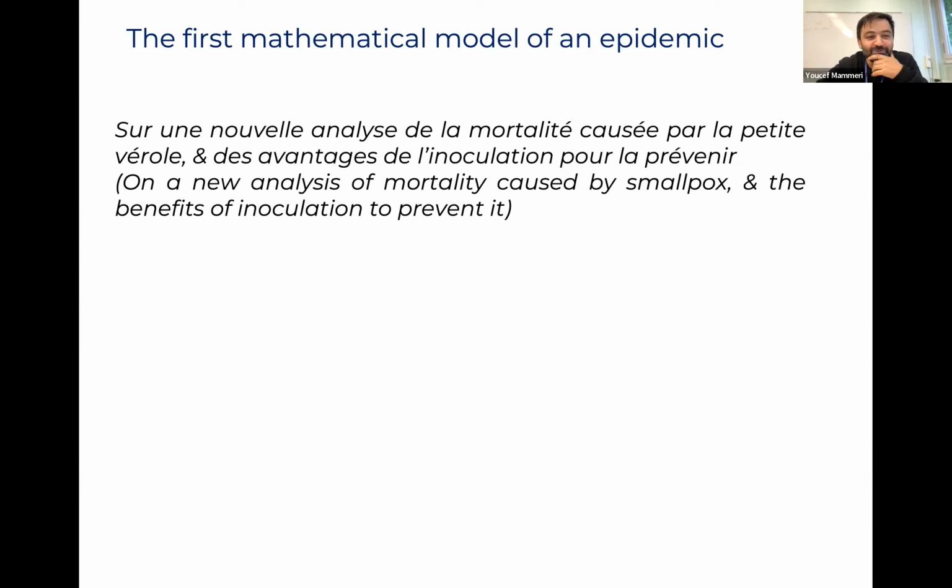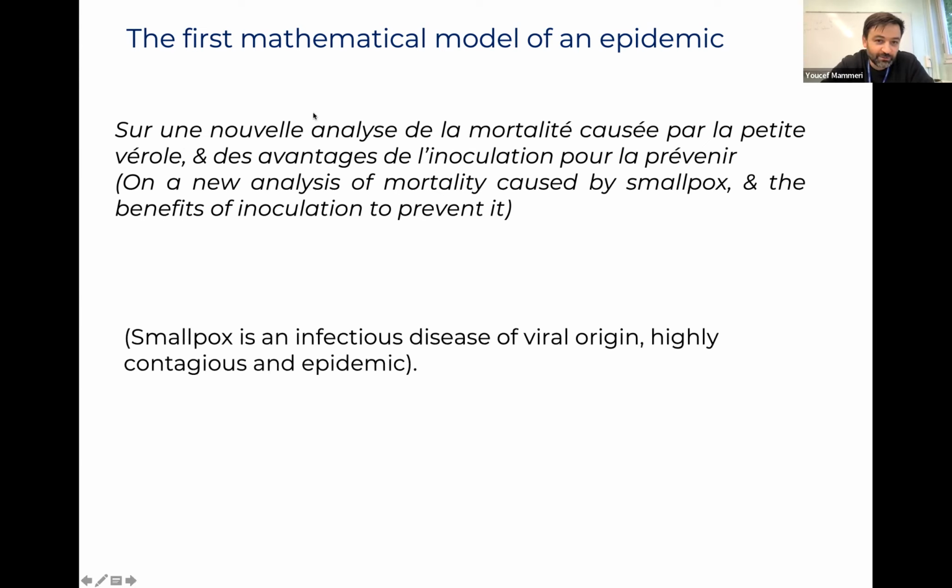If you read the French, there is a clue to the date of this paper: it is old, because the word vérole here does not exist anymore in French. This paper is about smallpox and the inoculation of smallpox. Smallpox is an infectious, contagious disease.